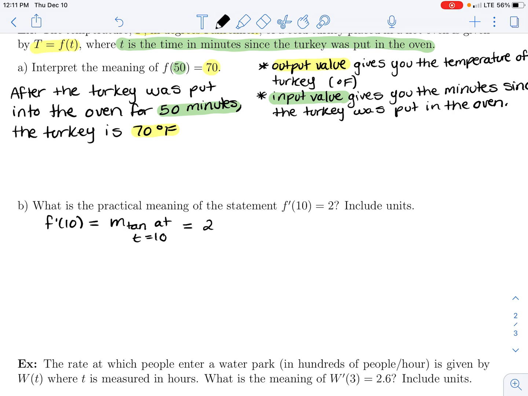Okay, and so remember now, because I know the derivative at 10 is the slope of the tangent line at 10, that's a slope, which means it's the change in y over the change in x, rise over run. When we think about slope of a line, y2 minus y1 over x2 minus x1, in other words, it was the change in your output values over the change in your input values.